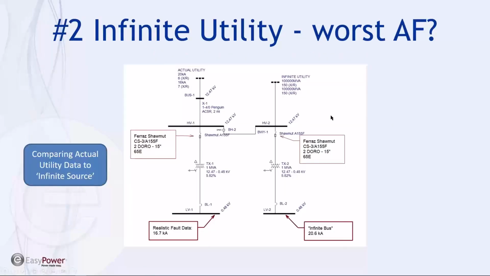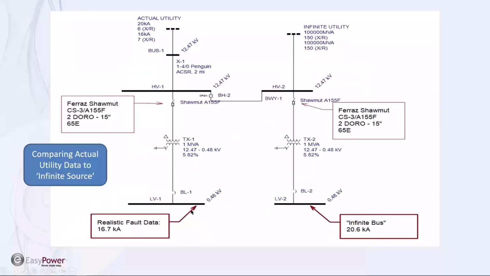So here I'm comparing two different utility sources. One is an infinite source, which is very high current availability, against what's more of a typical load on a utility system. And we see on identical subsystems or identical facilities that we do have a little bit higher infinite bus current available on the main distribution board, comparing the realistic fault data to the infinite bus.